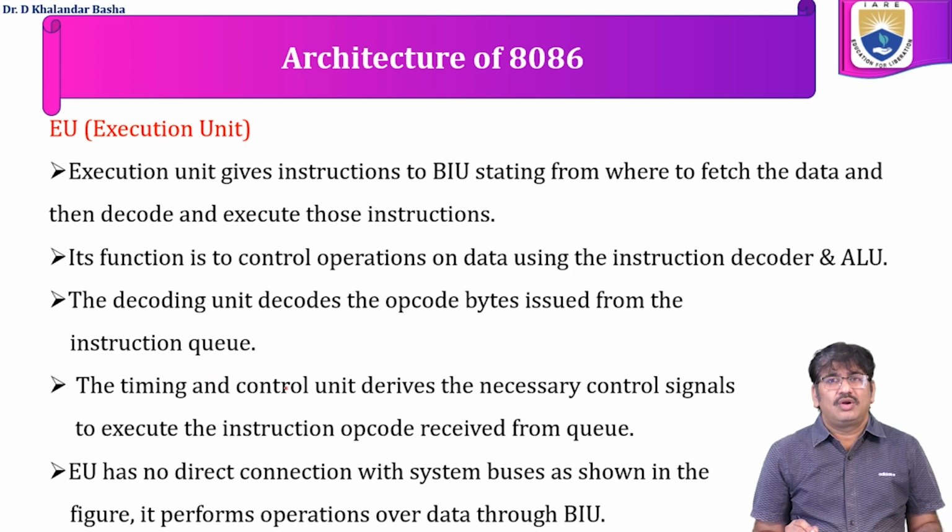The timing and control unit derives the necessary control signals to execute the instruction opcode received from the queue. The execution unit has no direct connection with the system bus, as shown in the figure. It operates on data through the bus interface unit.